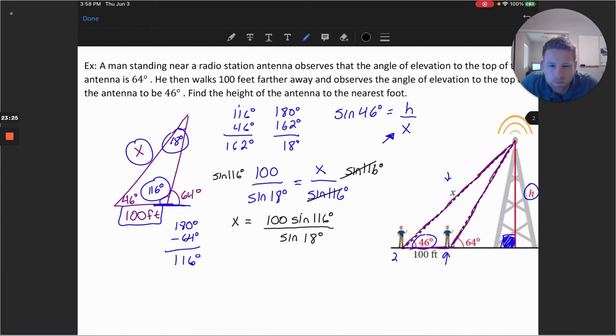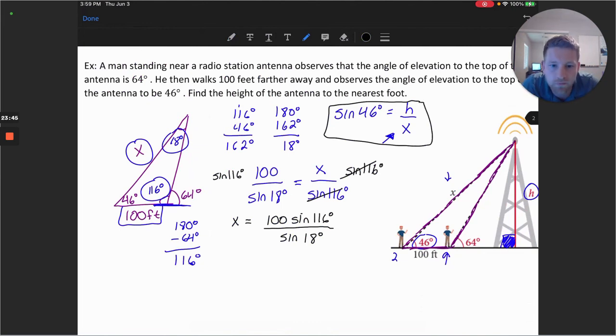This is certainly a constant number, and we could put this into our calculator right now. One thing that we can do, though, is just leave this in its exact format for the time being. And again, come back to this original equation that we were thinking about.